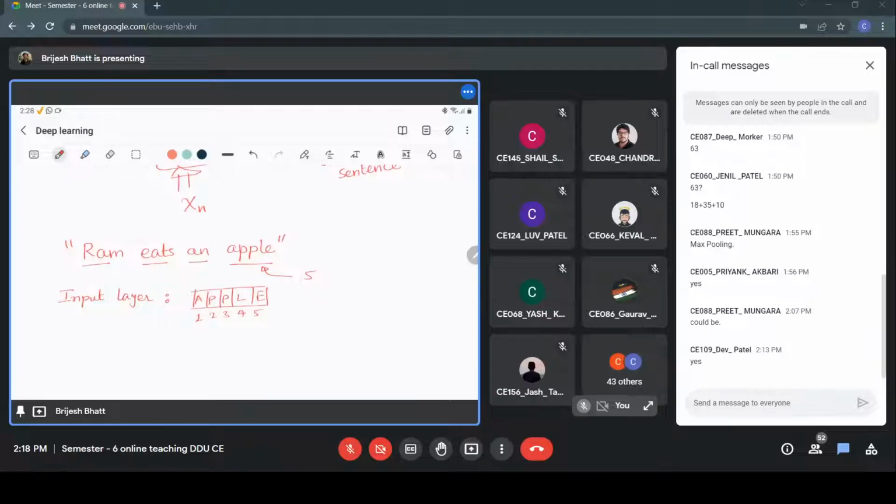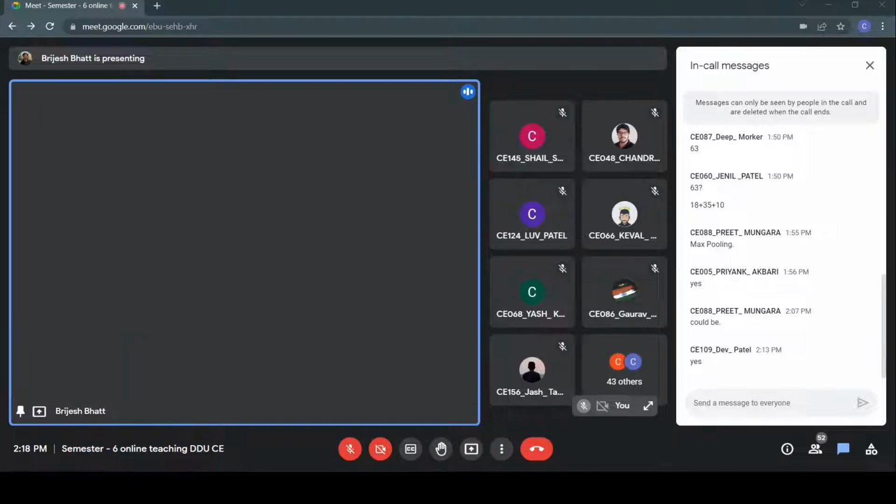Now if the input size is 5, how would you process Ram? You left two places. How do you fill those?